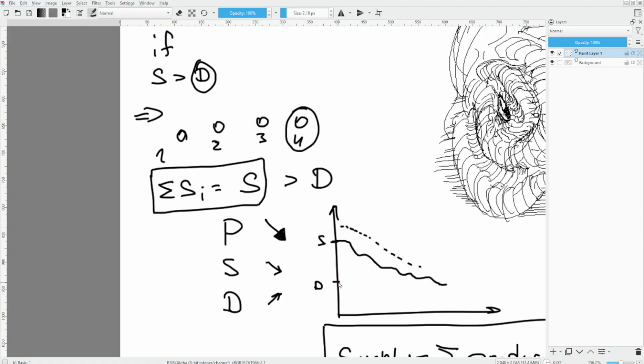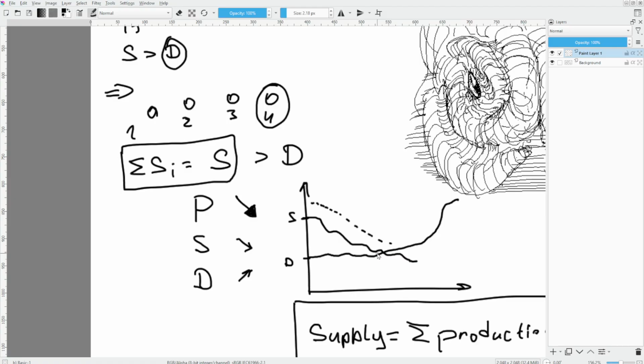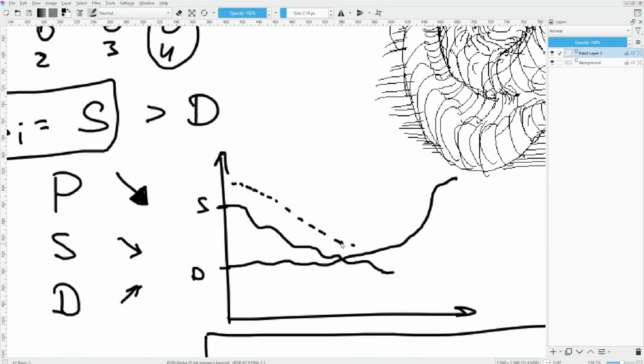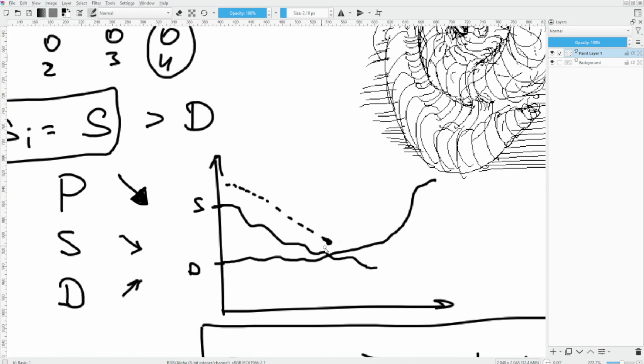And we have demand, which grows, or could stay the same, or it could grow at some really wild curves. It's not defined by the basic supply-demand model which kind of curves there are. But here we have that at this point, the derivative of price is zero. It should stay here. But if demand grows, for example, and now demand is larger than supply, we have price going up again.